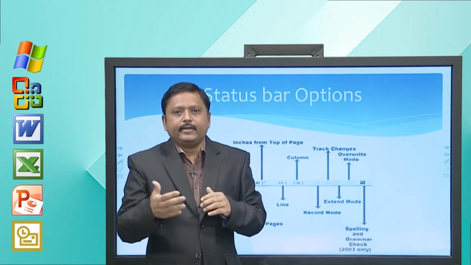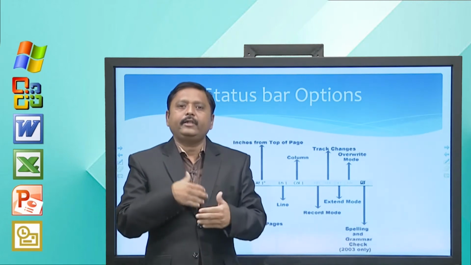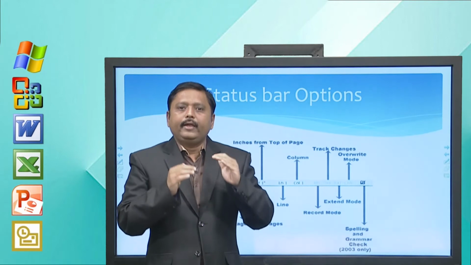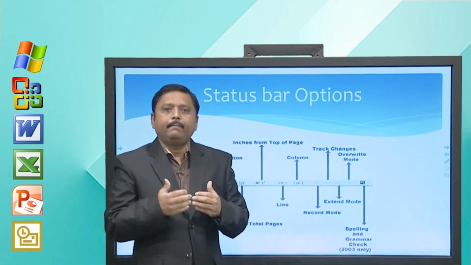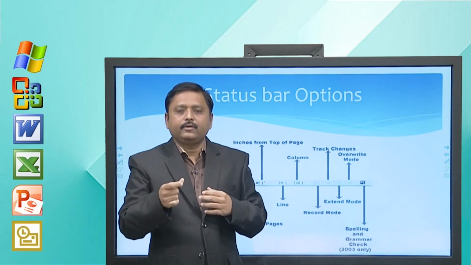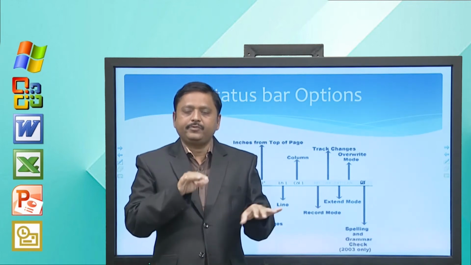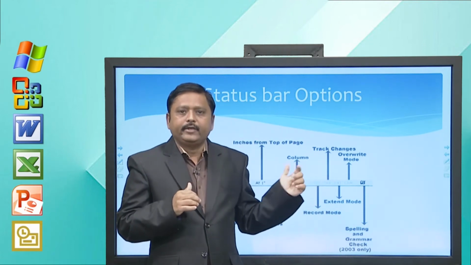Your content is overwritten. That means old content is erased by the new content typed by the user. So, in that case, this OVR turns black. That means its color becomes dark, so that you can understand that now I am going to replace old text with new text, right. So, this is a useful indication.